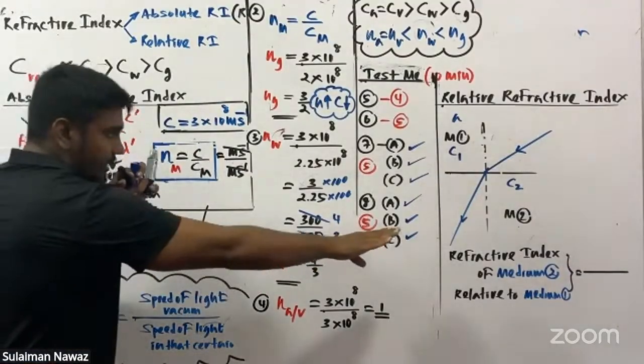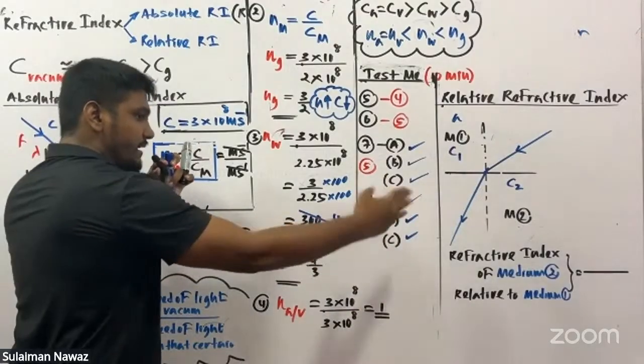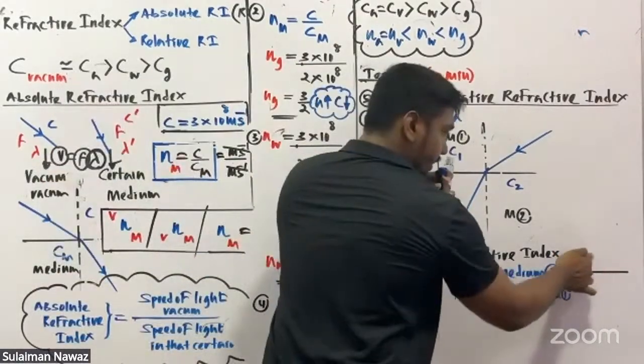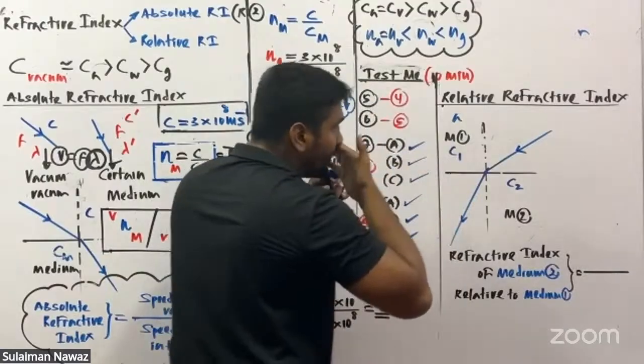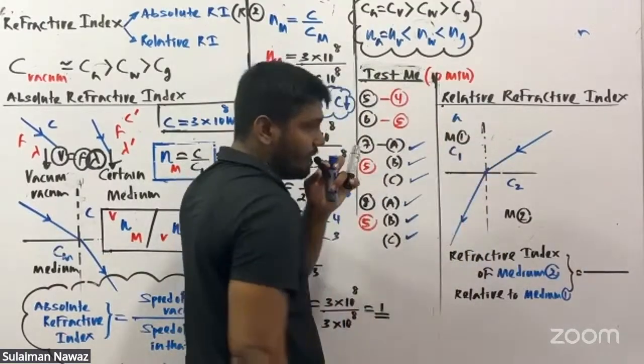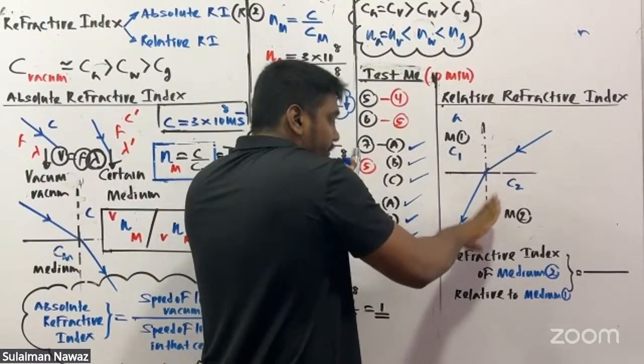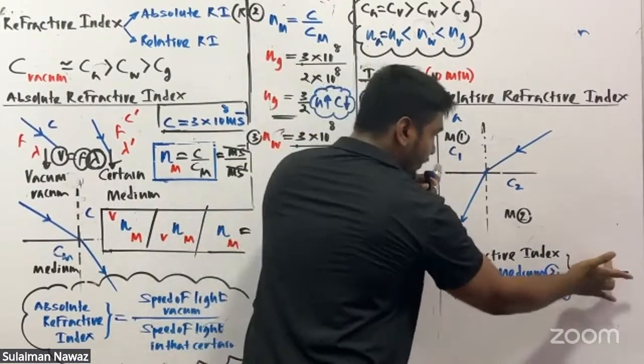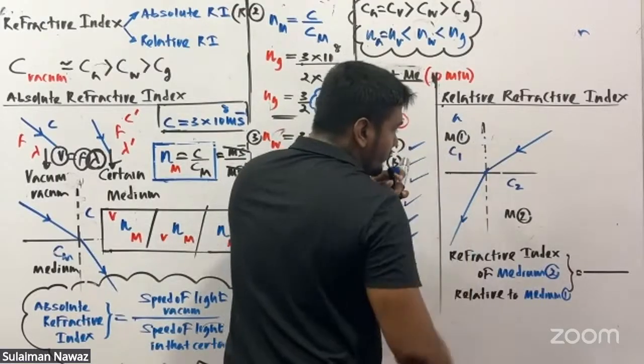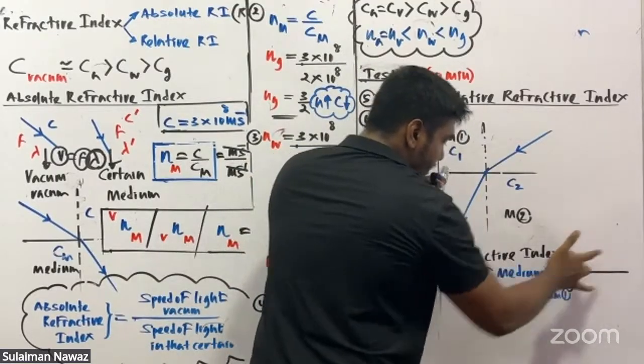Now here, relative to medium 1 means on the numerator you write the speed of light in medium 1. Am I correct? You are relating relative to medium 1, so here you should write speed of light in medium 1.